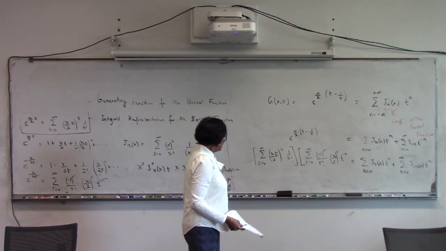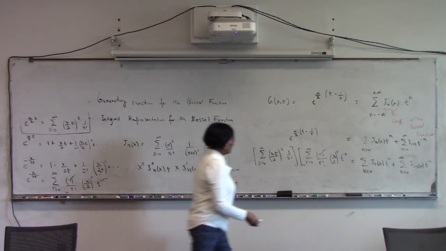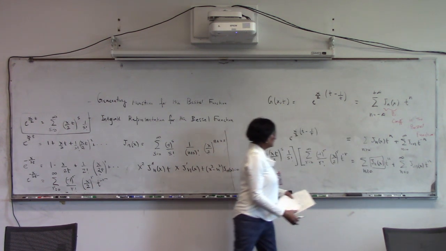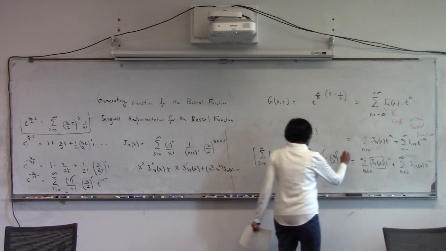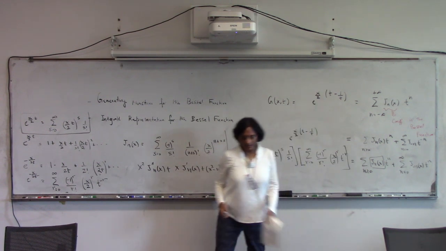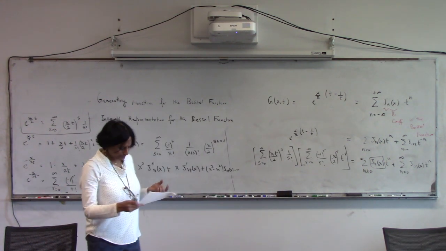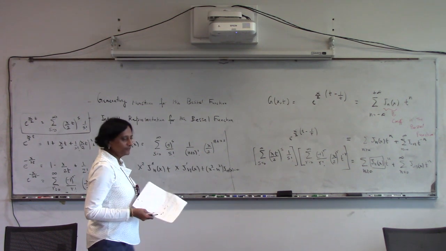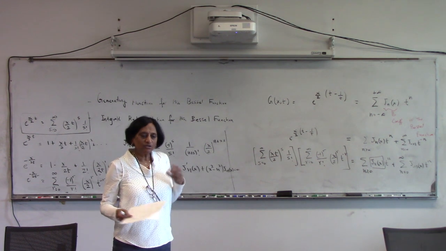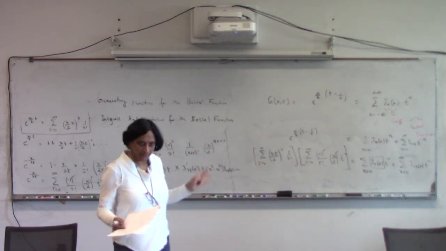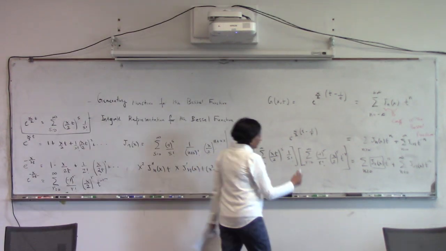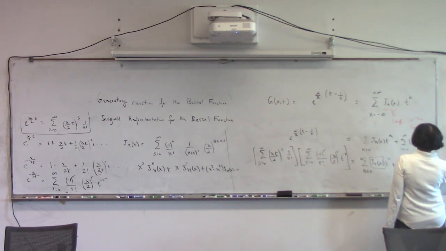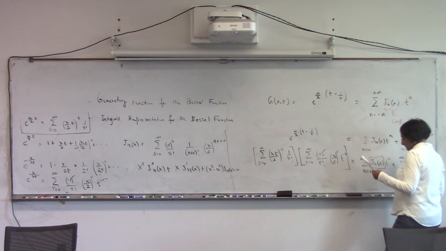Okay. Now, I need to get this somehow, and this is what I have on the left-hand side. So what do we normally do in such a situation? I need to somehow get the coefficient of t to the power of n, right? So if you compare the coefficient of, sorry, this is t to the power minus n.